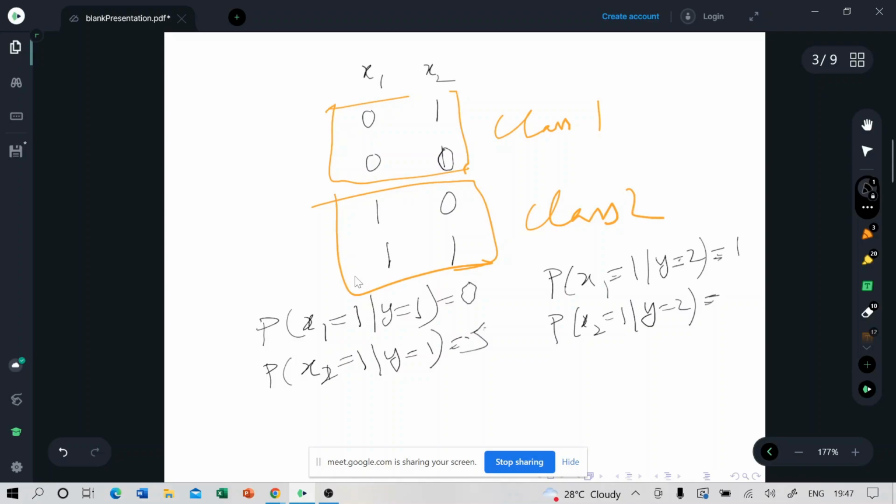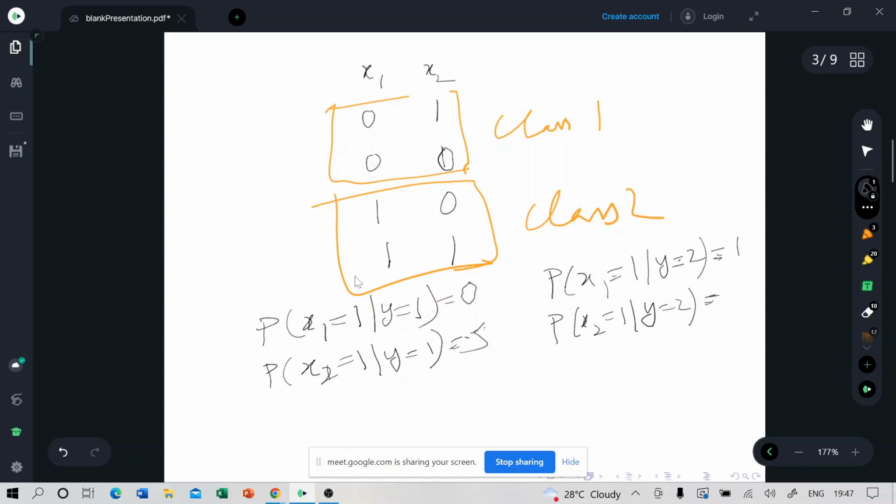What will be these probabilities? One and 0. Right. Okay. Now suppose we are given a new example to predict.